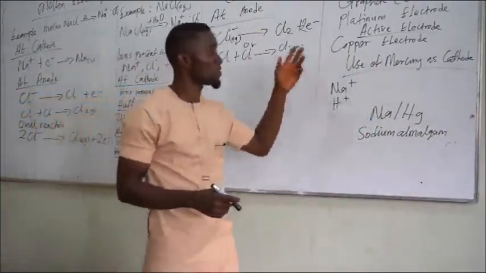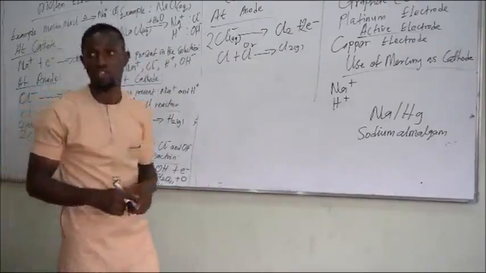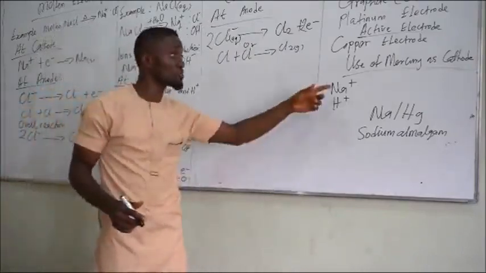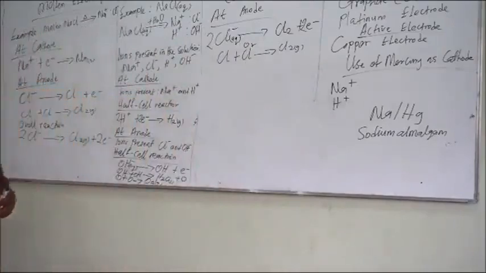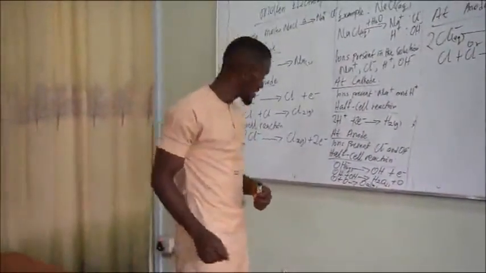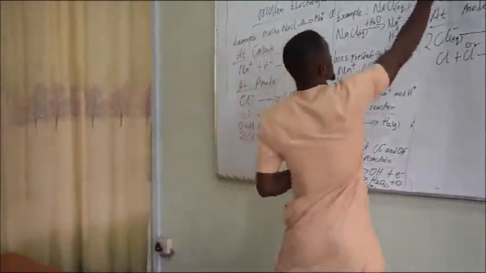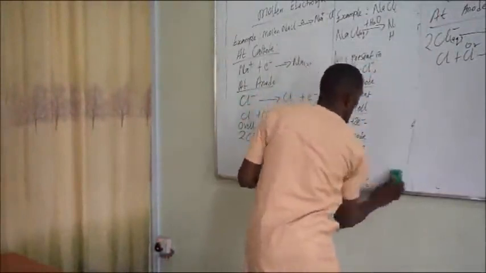So the sodium ion will be preferentially discharged at the cathode instead of the hydrogen ion if we are using mercury as cathode. Then we will go over to the mechanism of electrolysis using acidified water.